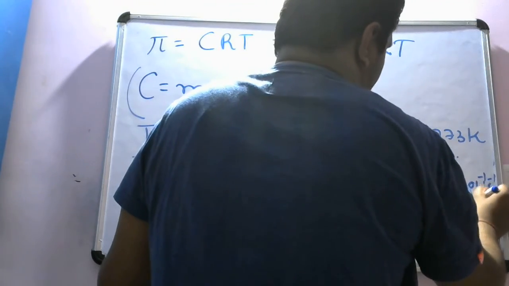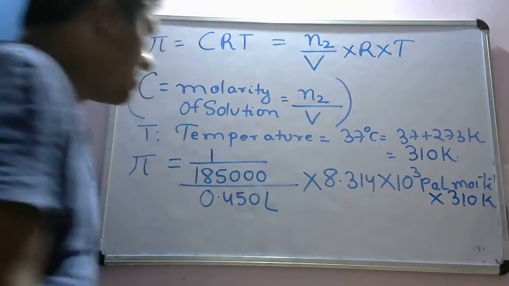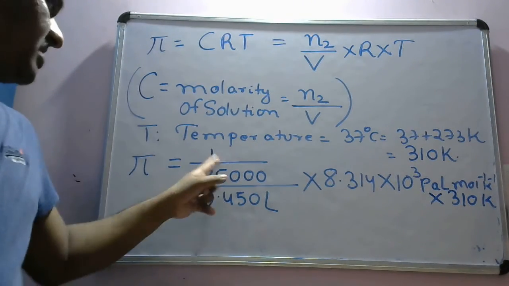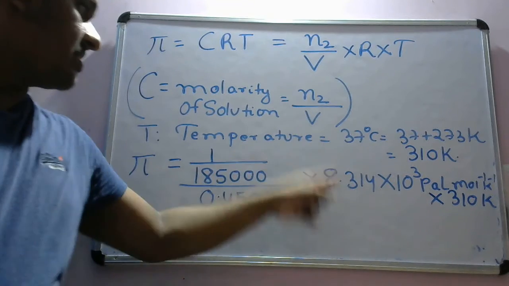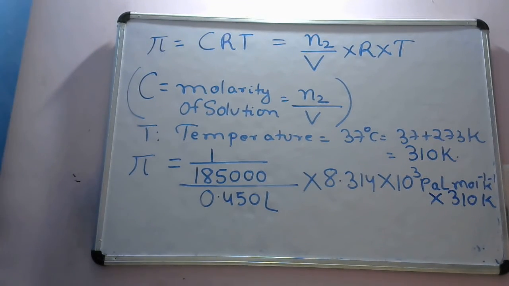You will write it in a single line: N2 by V into R into T.